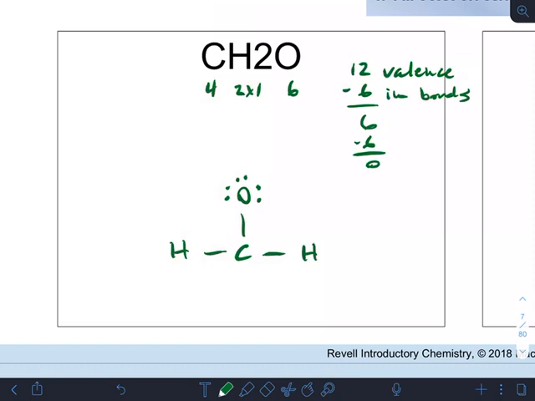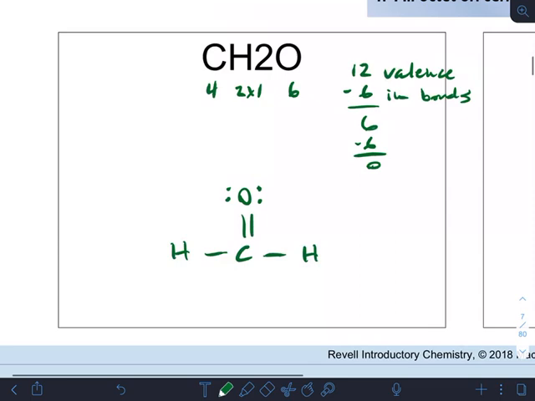So I'm all done putting electrons in my molecule. My last step is to check the octets. Right now the oxygen has access to 2, 4, 6, 8 electrons. The carbon has access to just 6 right now. So I'm going to borrow some electrons from my oxygen, take those away, and make an extra bond.